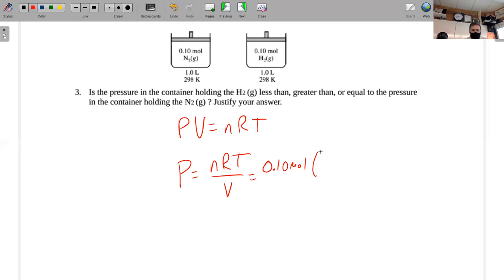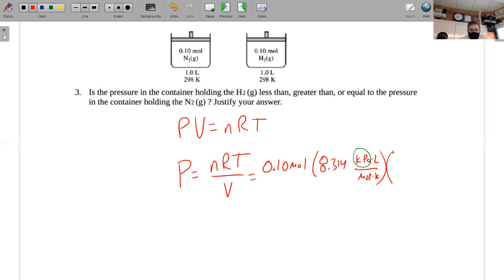How about the third one, 8.314 kilopascal liter per mole Kelvin. If I choose to use this value for the ideal gas constant, the pressure unit is kilopascal, so the unit for the pressure will be in kilopascals.